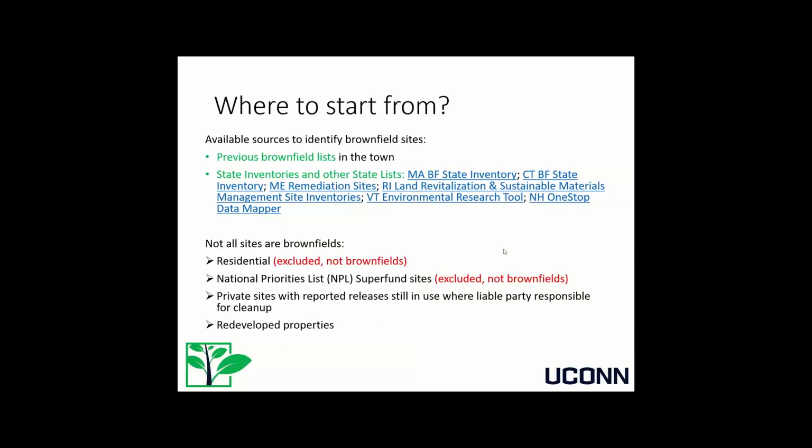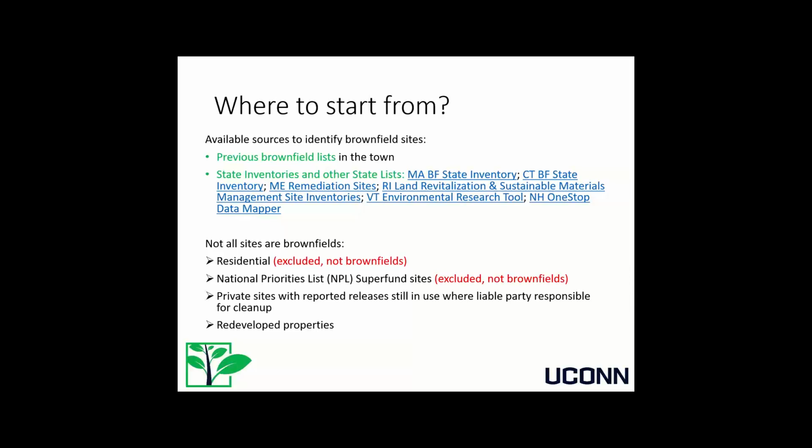So in many cases, you may have a state inventory with brownfield sites. Those state inventories are basically lists of sites that have entered a specific program. It might be EPA's program, it might be a state program. So that is also a good starting point, but that does not necessarily mean those lists include every single site within your community.